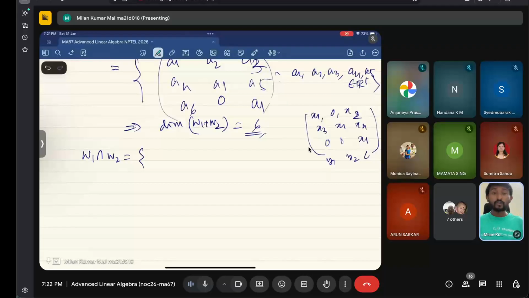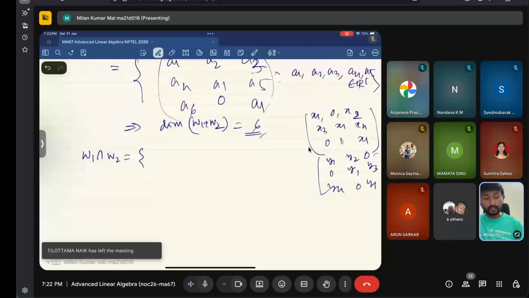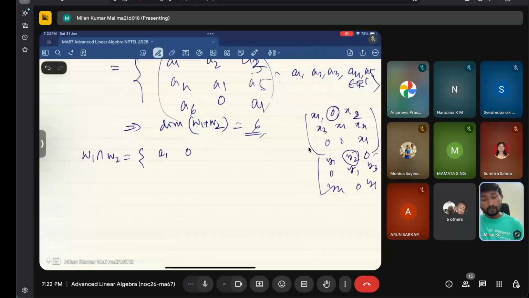The first place will be non-zero, so I'm writing some new term like A1. Second place, you have to take intersection, so we take 0. Third place, intersection, so 0. Fourth place, intersection, so 0. The fifth place will be the same, that is A1. Sixth place, x4 and y3 are free, so there will be another new term A2. And the seventh place will be 0, and the last will be A1.